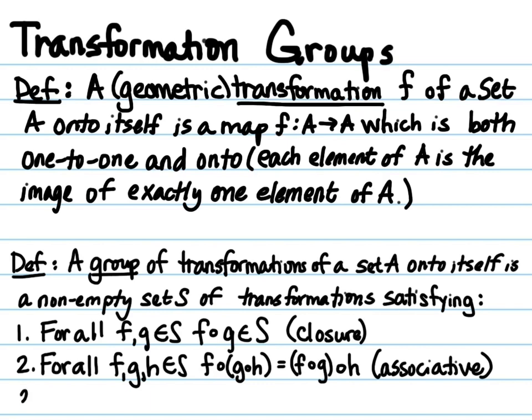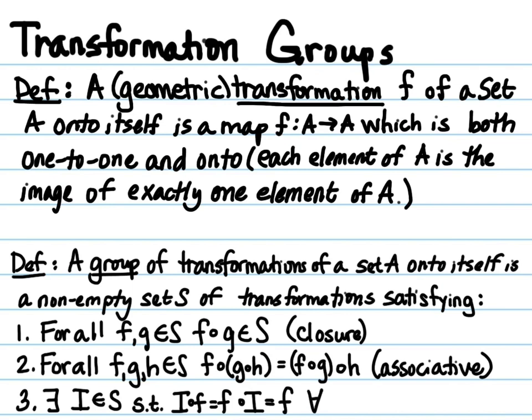The third one is that there exists an identity transformation in our set of transformations such that when you do that identity with another transformation, it's the same if you do that before or after the transformation, because it doesn't actually change the results of the transformation, and it works for all transformations in your set.